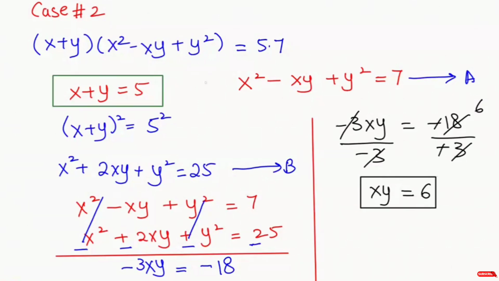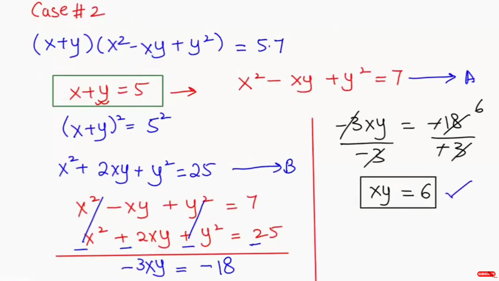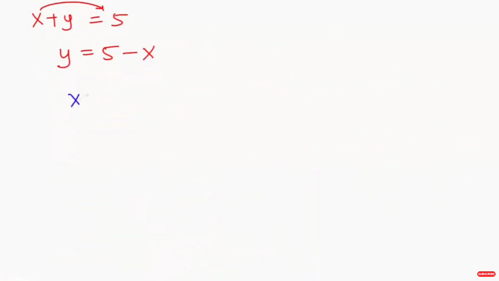Now next I am going to take this equation and make y the subject. x plus y is equal to 5. And now I'm going to take this to the right hand side, 5 minus x. I'm going to take this equation next. xy is equal to 6.